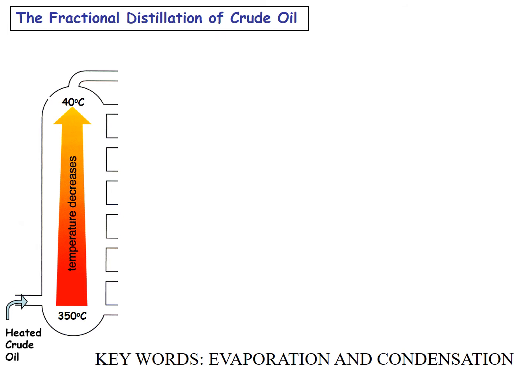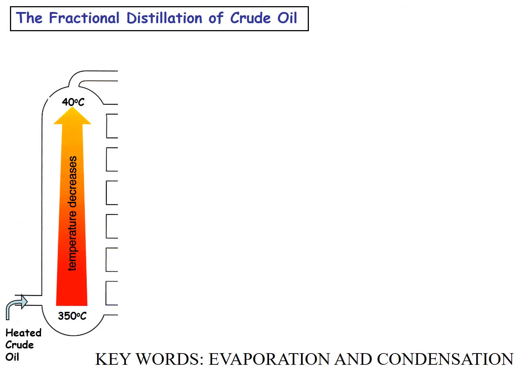Now, as those different molecules start going up the distillation column, depending on how long those carbon chains are, they'll start condensing. Okay, so bigger molecules with more carbons on them will condense at a lot lower level than the very small molecules that only have a few carbons in, which will go all the way to the top.